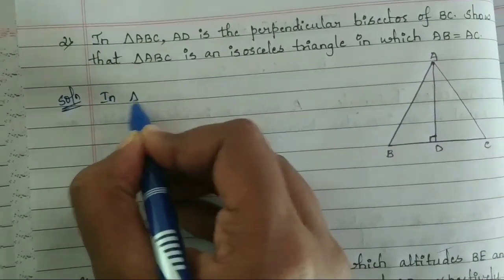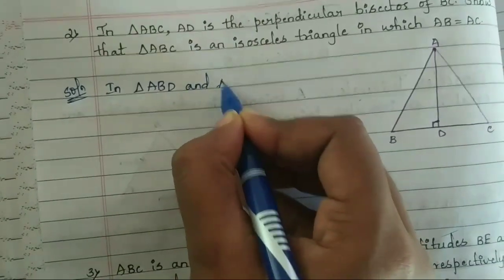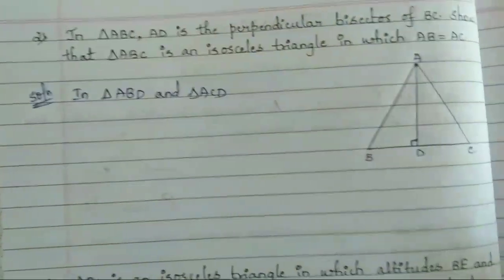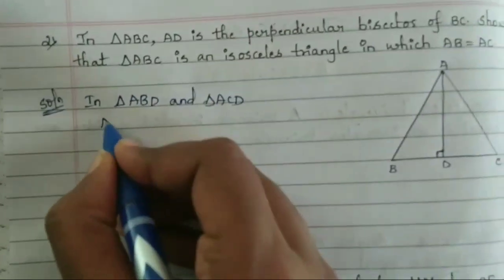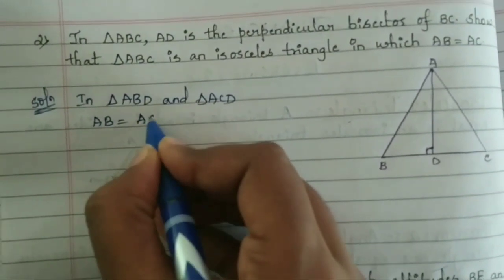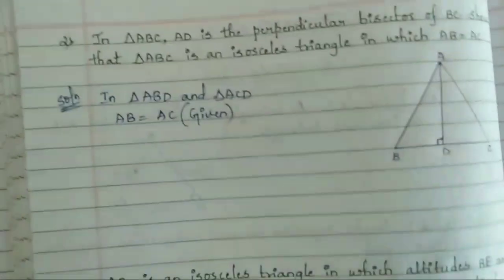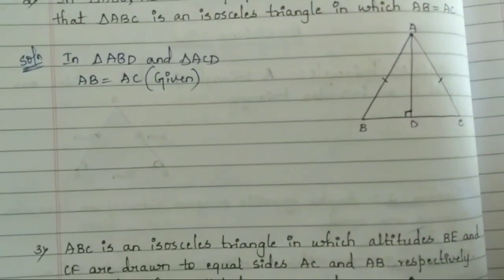So we will take triangle ABD and triangle ACD. In both the triangles, AB is equal to AC, which is already given.